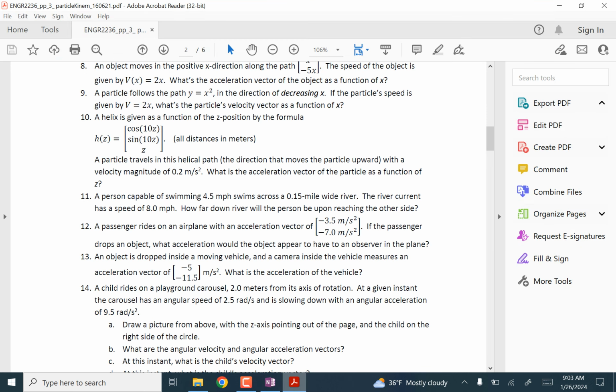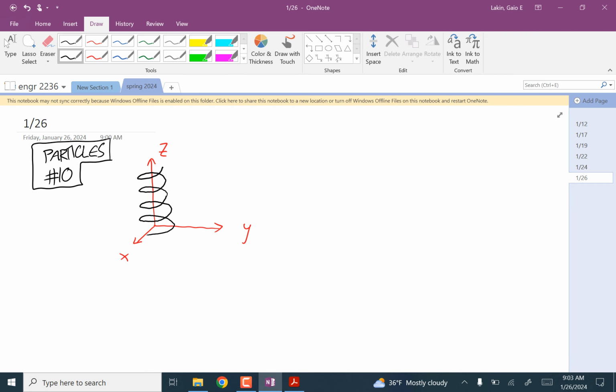What we are given is the path parameterized by z. So it says this is the path: z, cosine of 10z, sine of 10z.